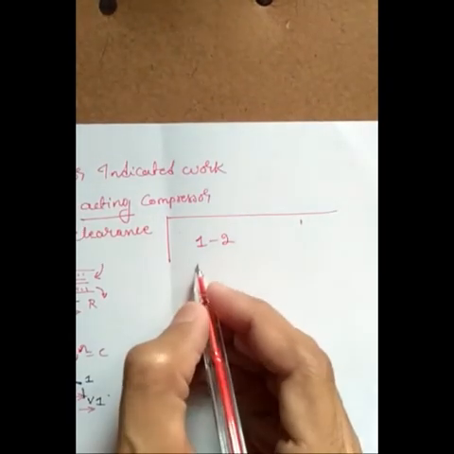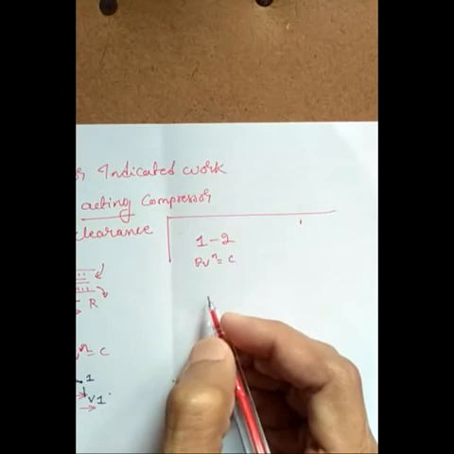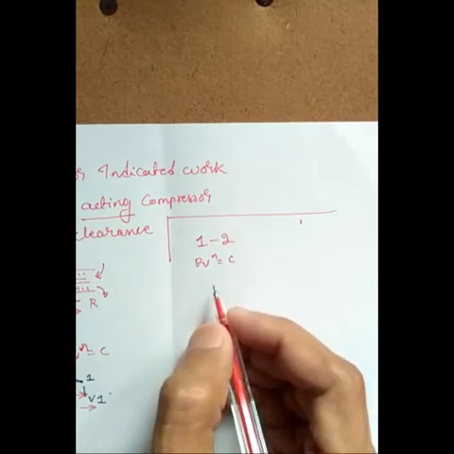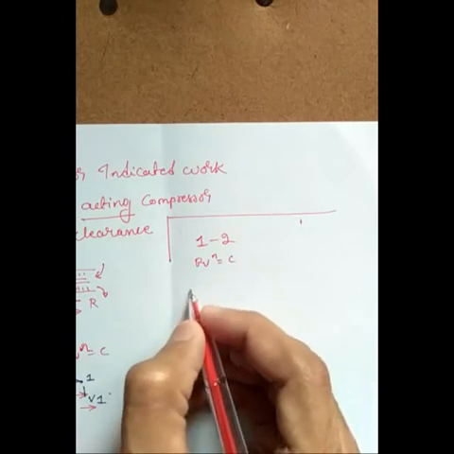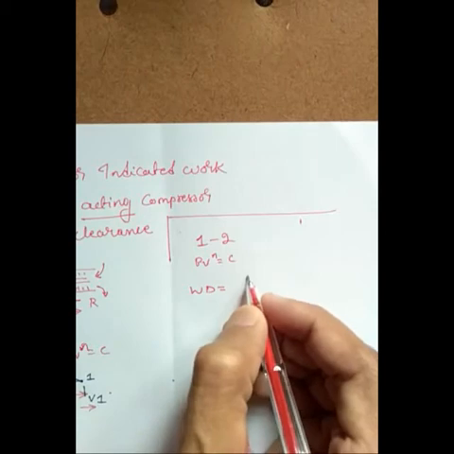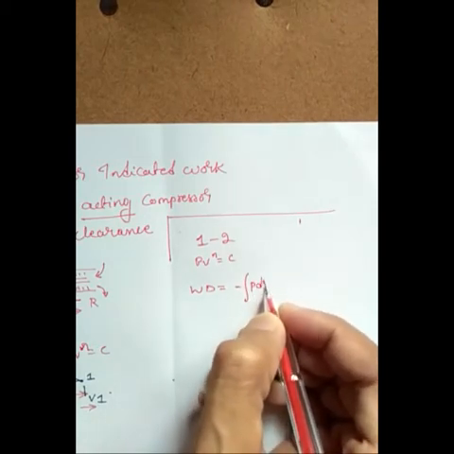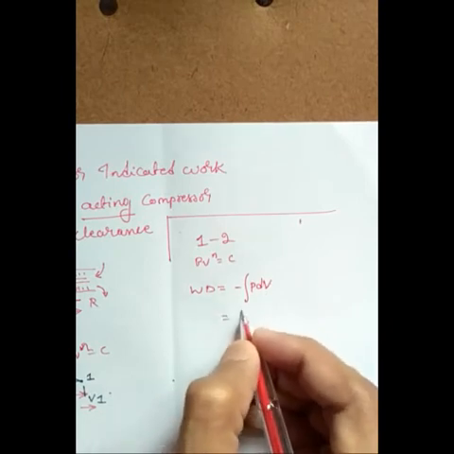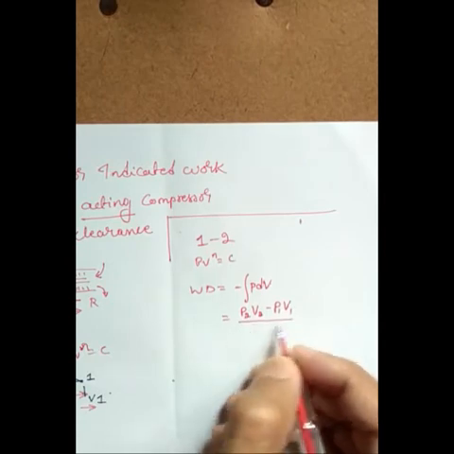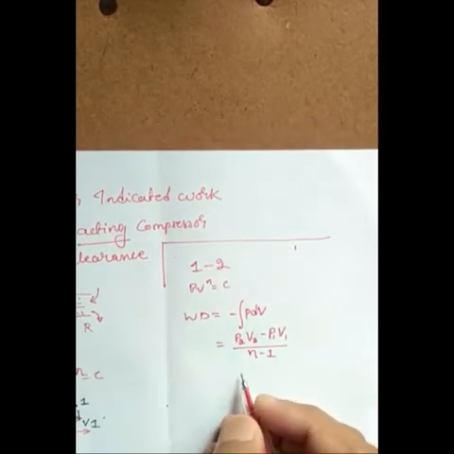So it's PV power n is equal to C. So in that case, work done is equal to integration of P dV, which is P2 V2 minus P1 V1 divided by n minus 1.